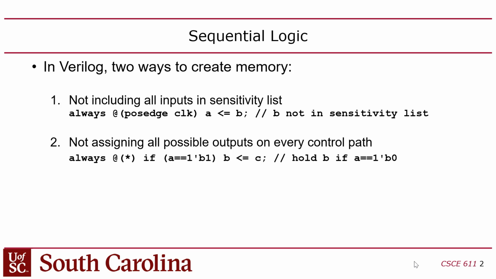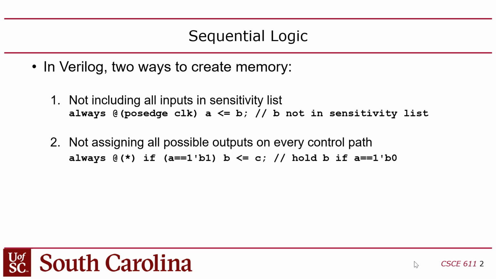And also be aware that you should use the non-blocking assignment whenever you have sequential logic. It's not required, but it's by convention. And in this class, that's the easiest way to stay out of trouble.